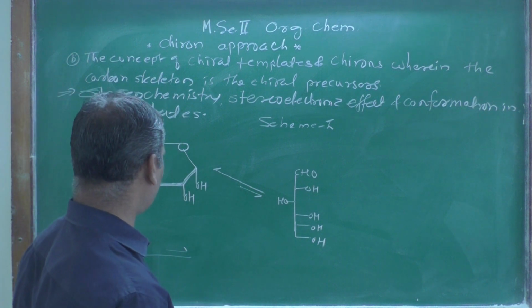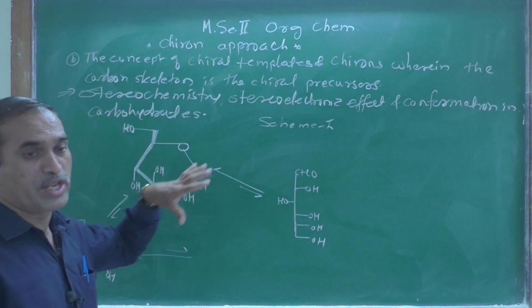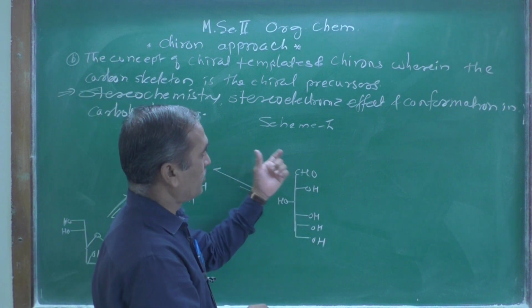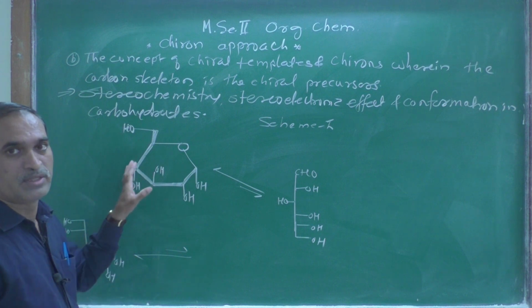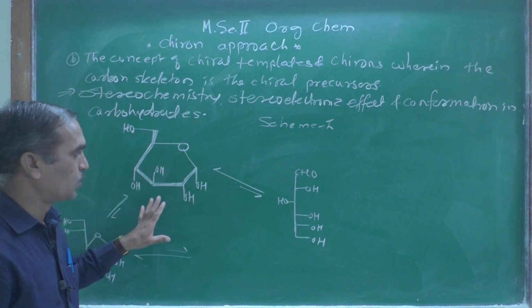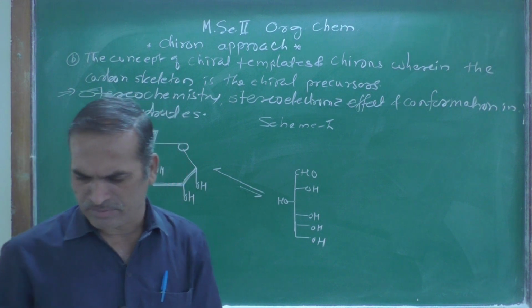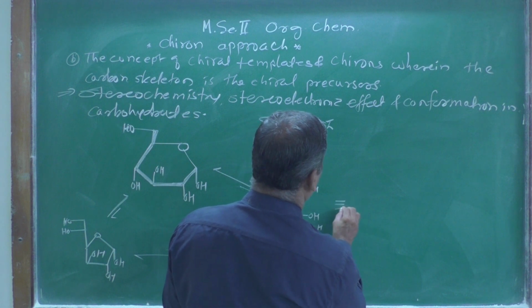This is the greater form, a 6-membered ring. These are the various forms, because this is a cyclic form of D-glucose. Or this can be written like this.